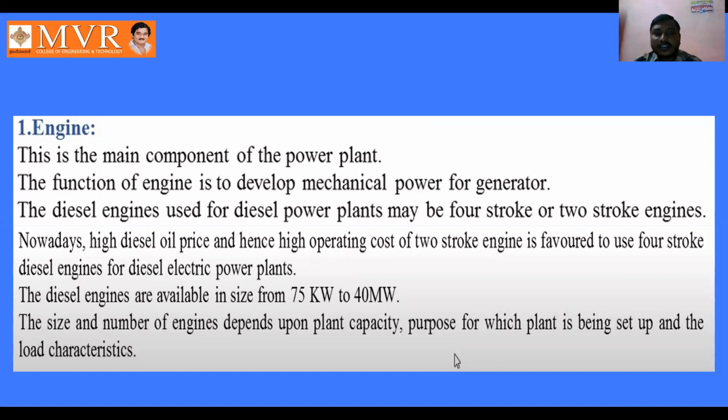See here, the diesel engines are available in sizes from 75 kilowatt to 40 megawatt. These are the sizes of the diesel engines made for getting power of 75 kilowatt to 40 megawatts. The size and number of engines depend upon plant capacity, the purpose for which the plant is being set up, and the load characteristic.